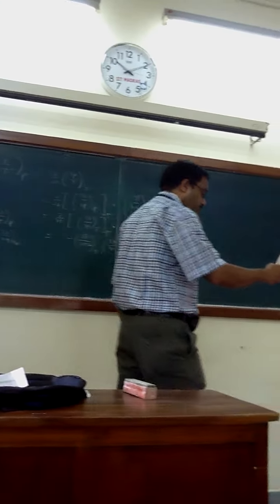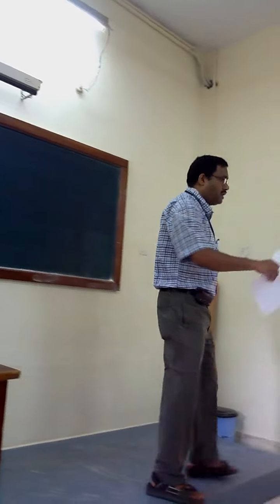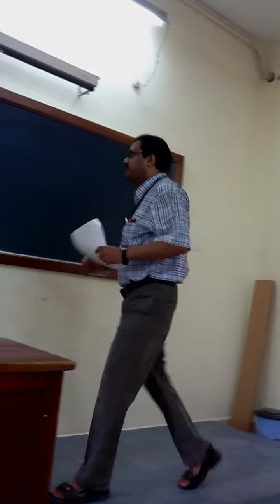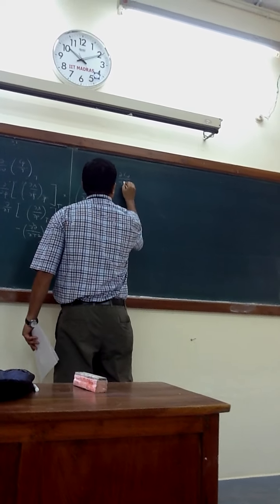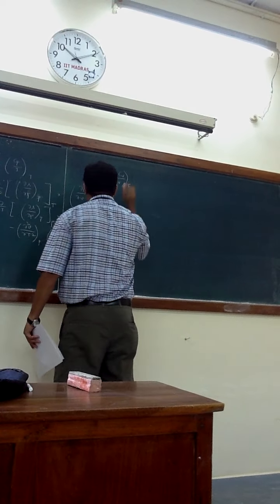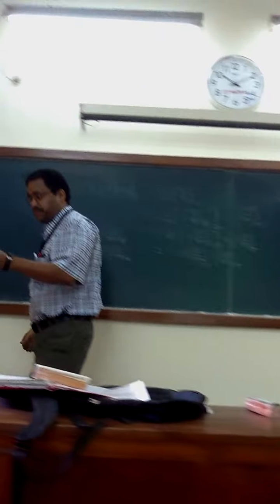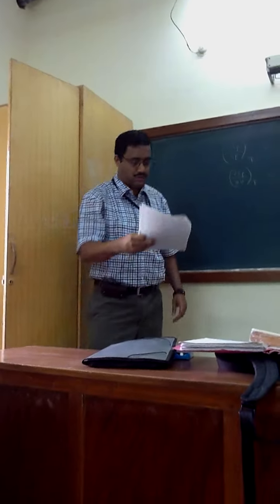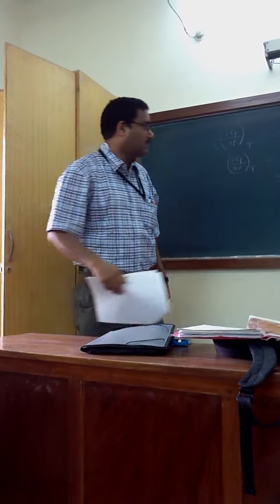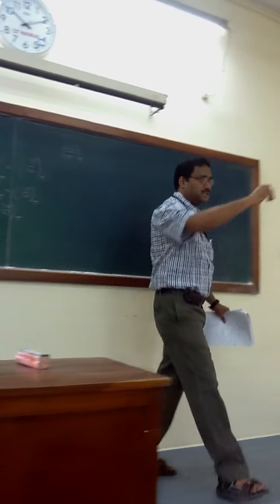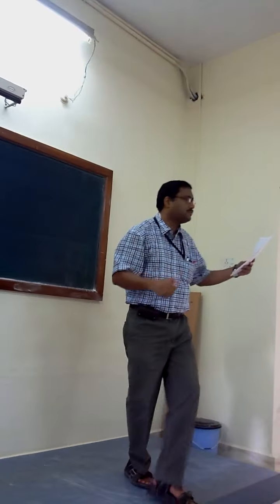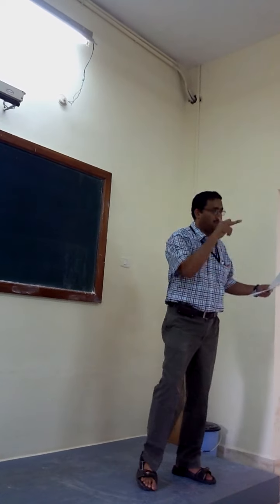Next is dou Cv. Now I give you the problem: dou Cv by dou V at constant temperature. Let's see who can do it. What should it be? Any hand please? Yes, sir.